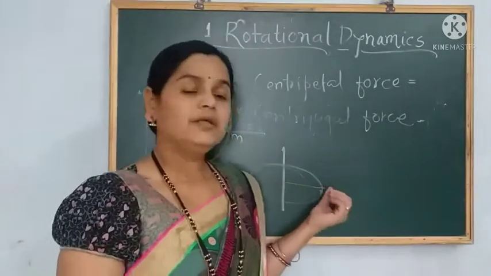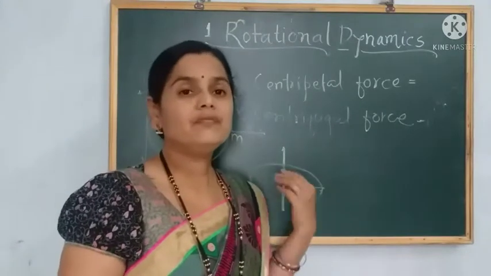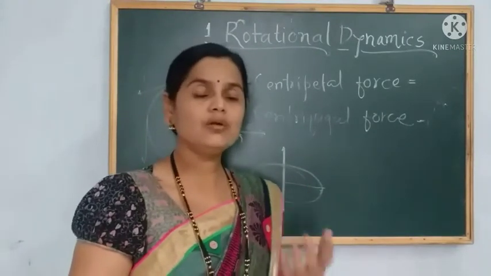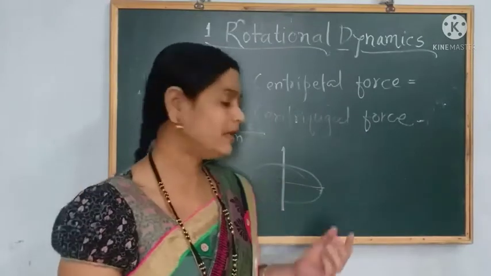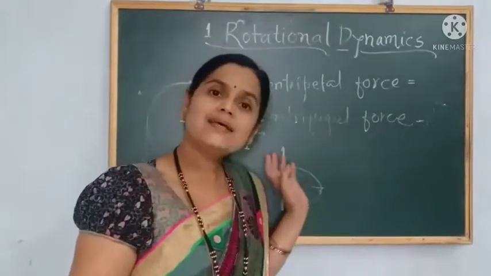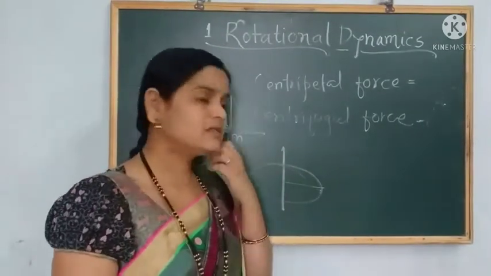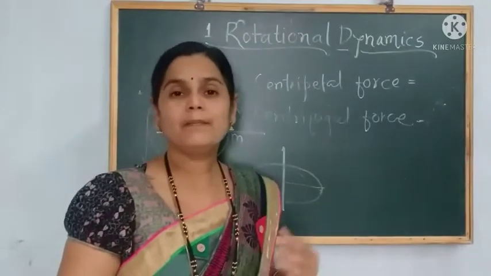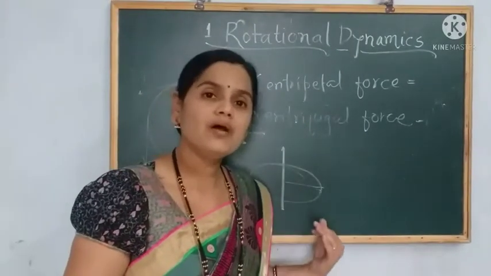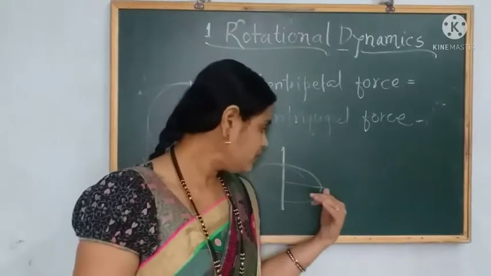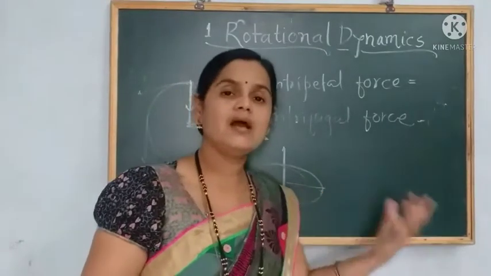But here a force acts which is not directly acting on the particle; it is performing circular motion, meaning centripetal force must be there. But at the same time, we find that we are pushed radially outward.